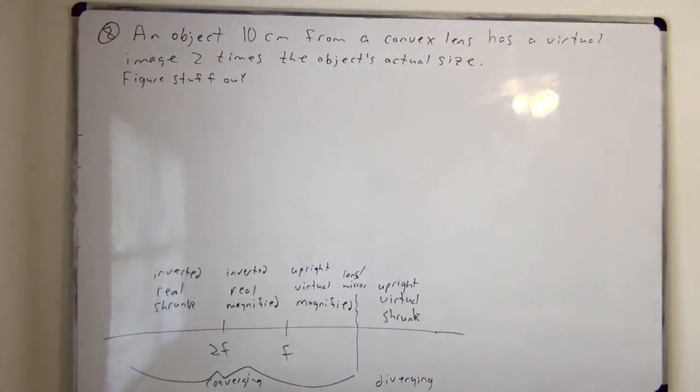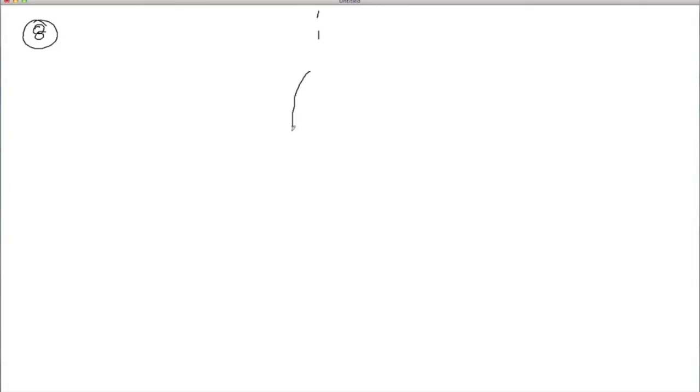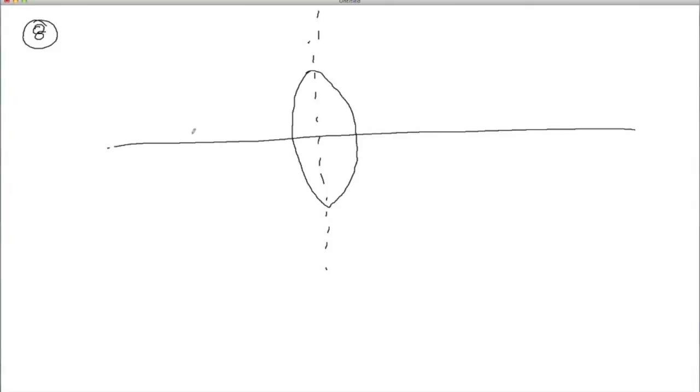Okay, let's try this. So it's a convex lens, so it looks like that. The object is 10 centimeters from the convex lens. So you know S is 10 centimeters.